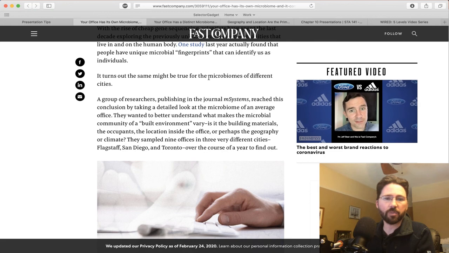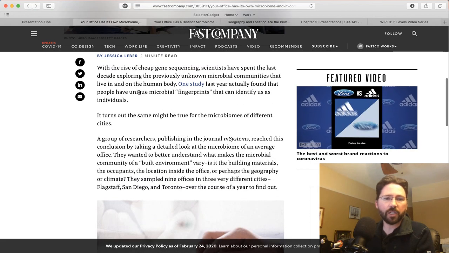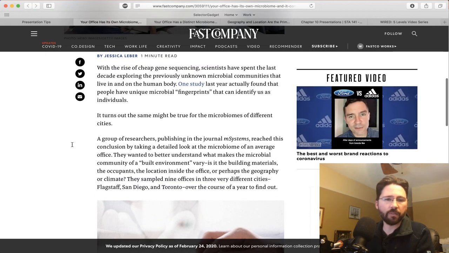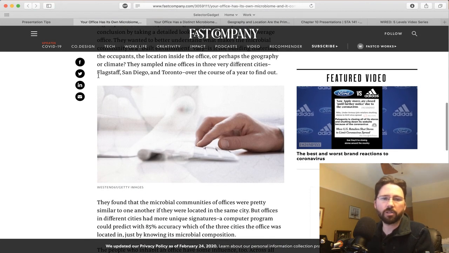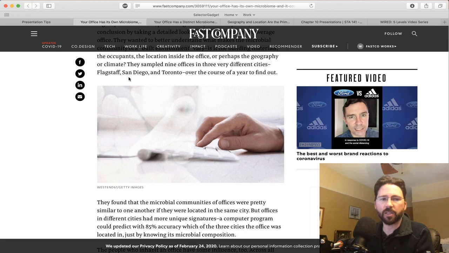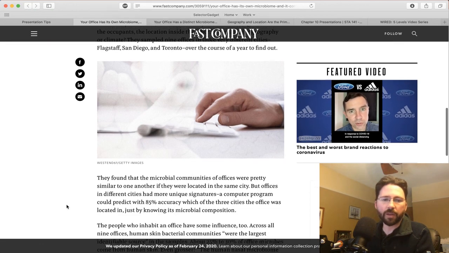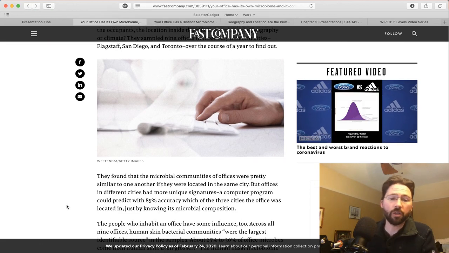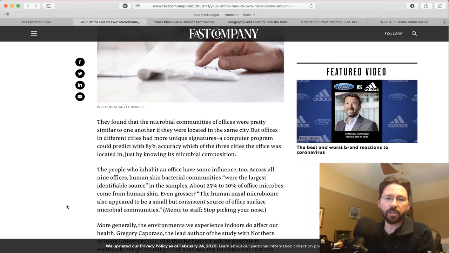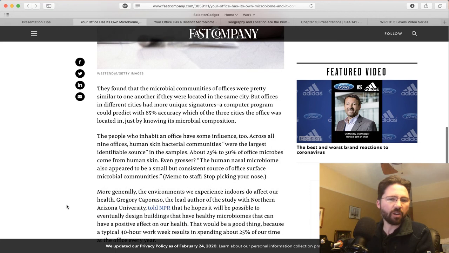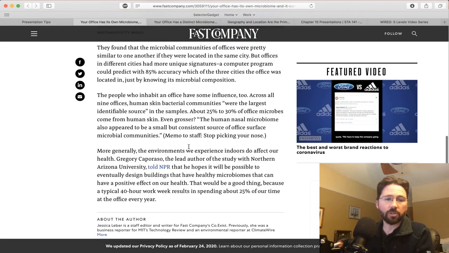It basically talks about microbiomes, which are bacterial fingerprints that can identify individuals or locations. And this particular study looked at 3 different cities, Flagstaff, San Diego, and Toronto. And they found out that the microbial communities within those offices were pretty different from city to city, but within a city, they were fairly similar. And that was really interesting.